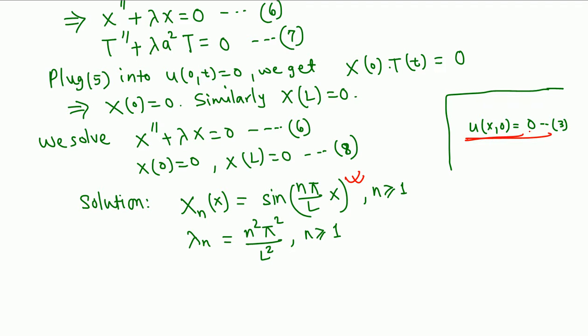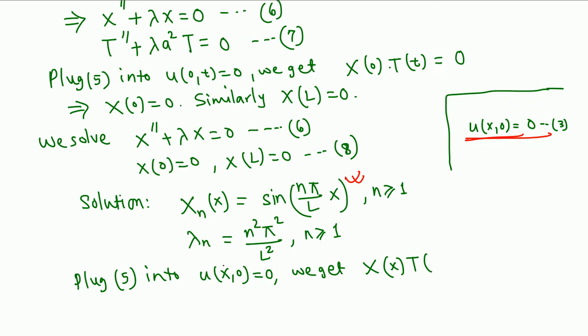Now plug 5 again into equation 3, the first initial condition. So plug 5 into the initial condition u(x,0) equals 0. We get u is a product of X(x) times T(0) equals 0.